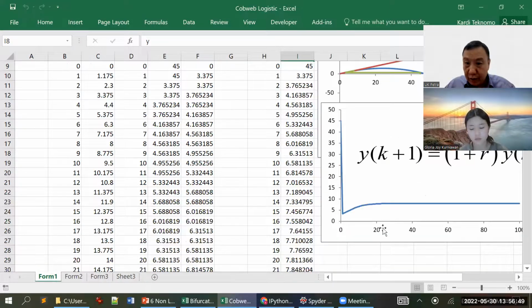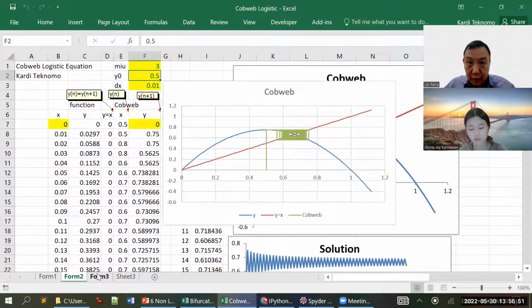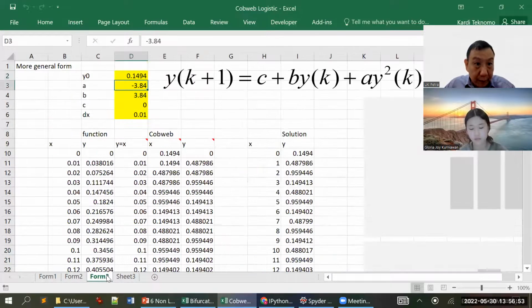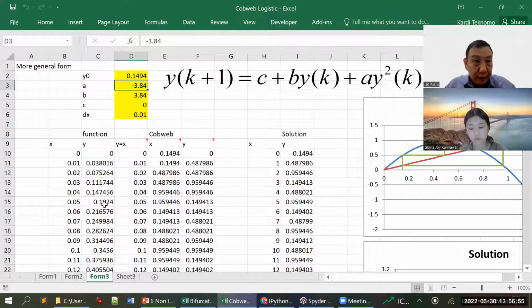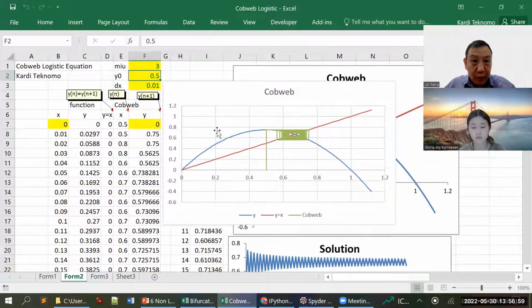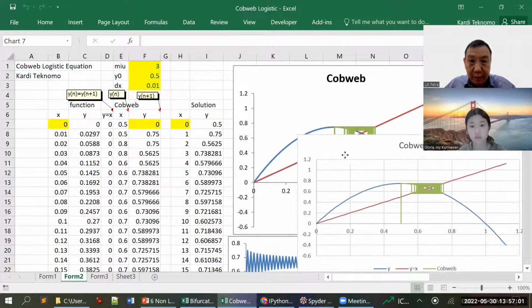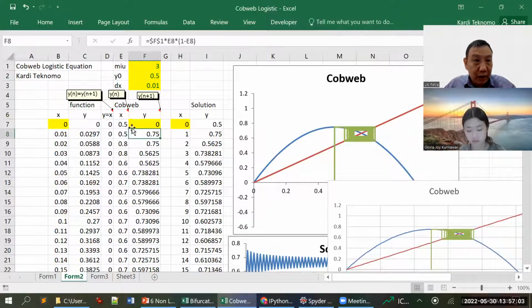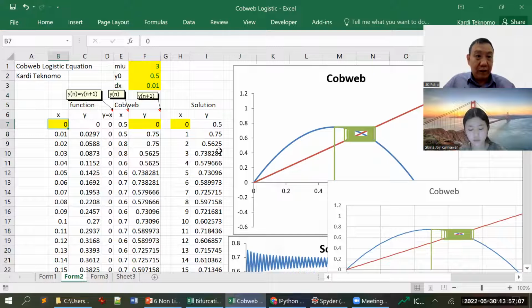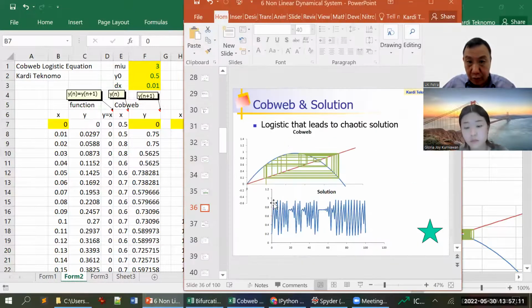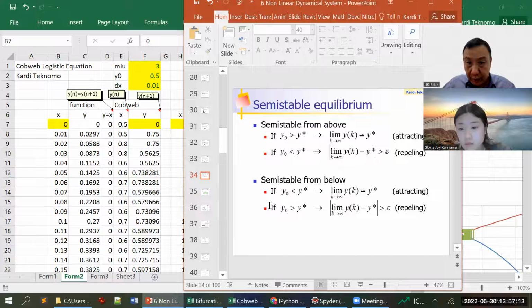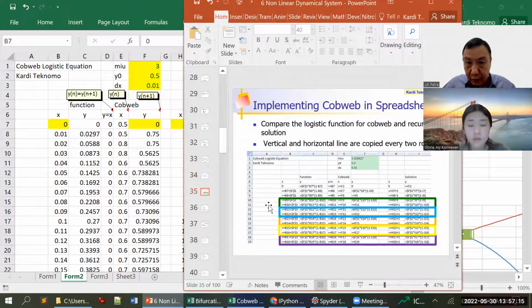Okay, this is using this equation. Maybe this is better. So this is using y0 and this is using mu. So it's the same, but I use a different equation. If you look at this, I start with the equation that I showed you a while ago, using x.